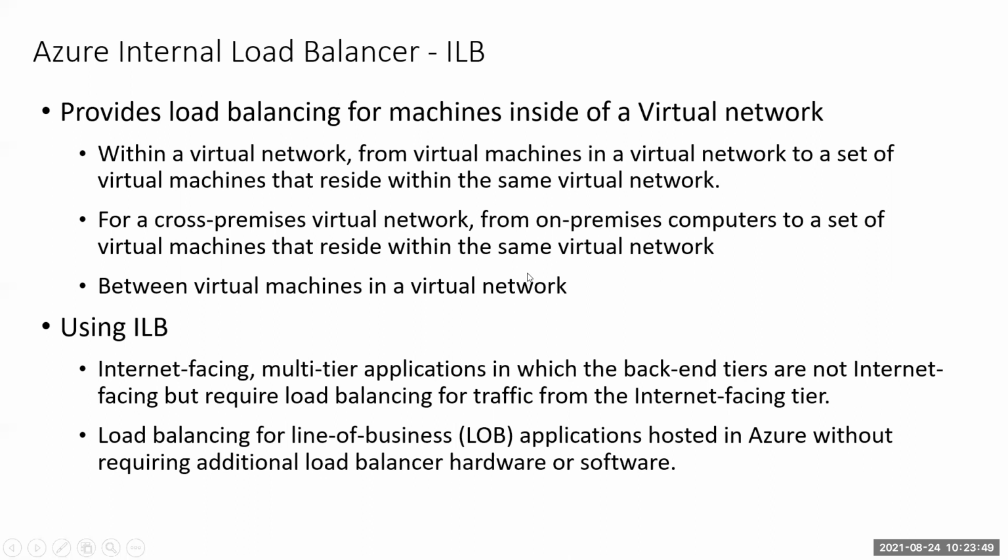And the Azure internal load balancer, these are the key features, provides load balancing inside the virtual network. So in which case do we use the ILB, internal load balancer? If our applications are hosted on premises and we want to connect that to an application or any database residing in the cloud.